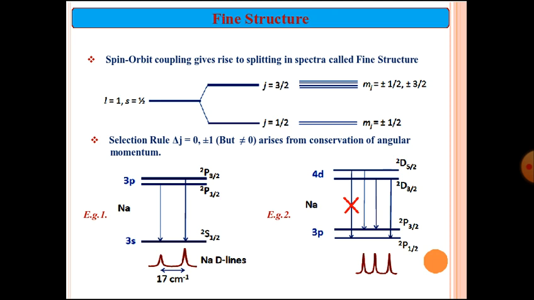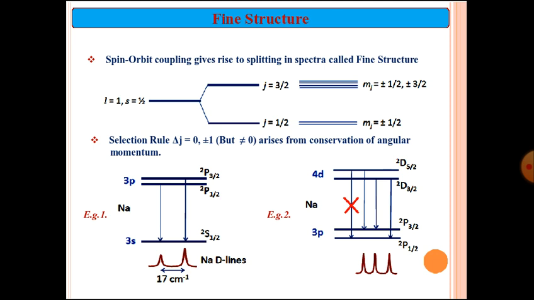The D line belongs to the principal series. Lines of the principal series are due to transitions from P state to S state. For the upper P state, L equal to 1, J equal to L plus or minus S equal to 3 by 2 or 1 by 2. Hence, the two possible terms are 2P 3 by 2 and 2P 1 by 2.